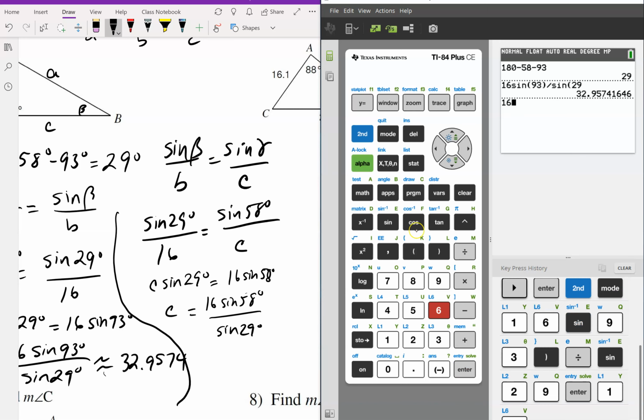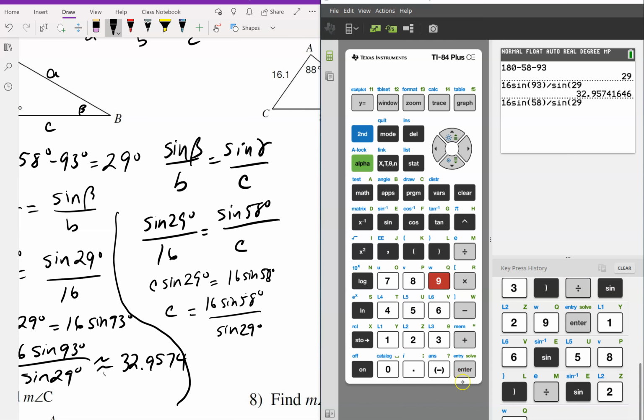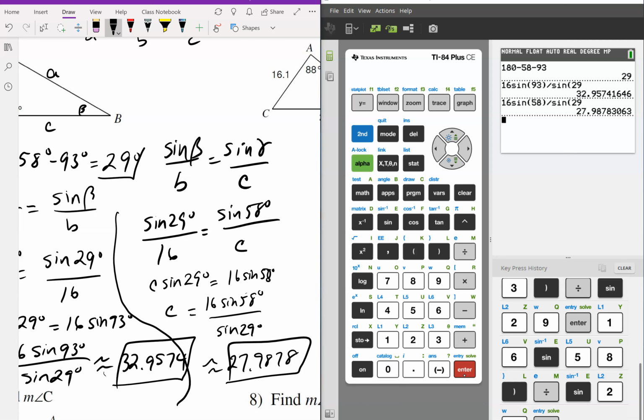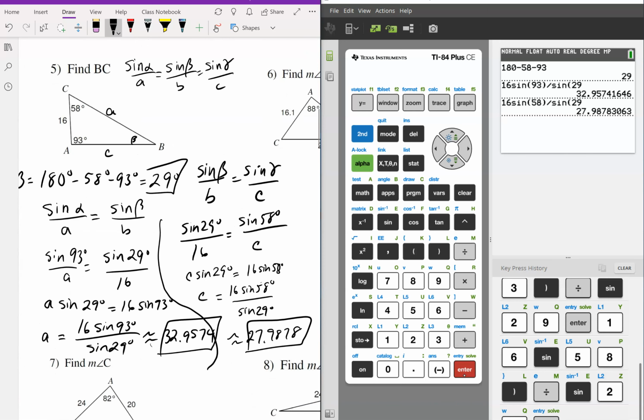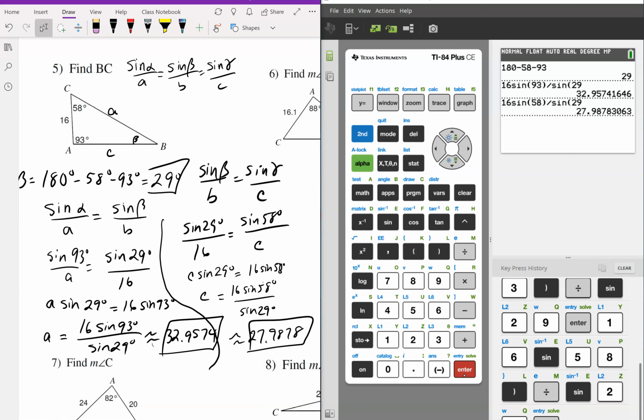So we have 16 sine of 58 divided by sine of 29. And get roughly 27.9878. So these three values that we found solve the triangle that we had started with. Solve triangle ABC.